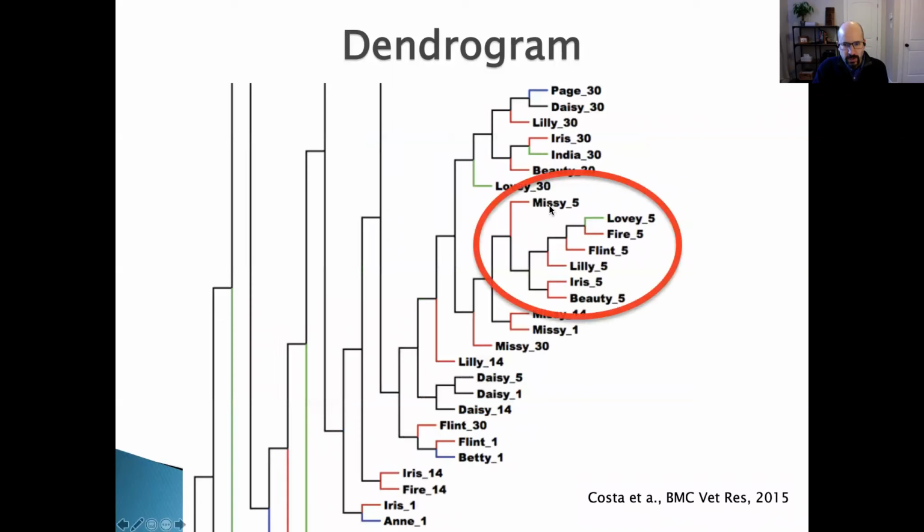For example, here, all the 7 horses that were treated with TMS had the same type of microbiota. The same was true for penicillin. So penicillin, ceftriaxone, and TMS, all 3 antibiotics changed the microbiota in a distinct way, meaning that depending on the antibiotic you are using, you can have a different effect on the microbiota. You select different types of bacteria.